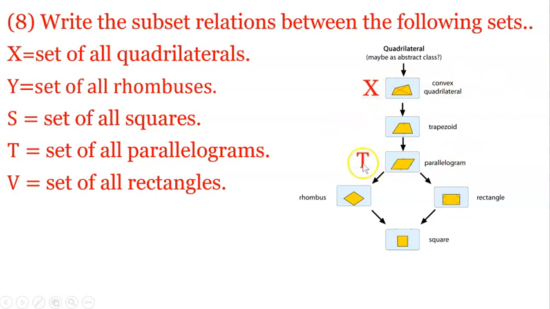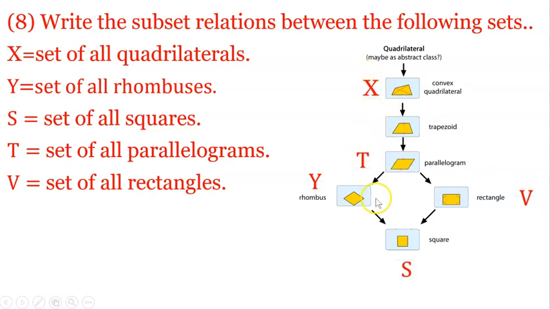Next, parallelogram is denoted by T. Rhombus is Y, that is, we have denoted them according to the symbols given here. Rectangle is V and square is S. Okay, now here S is a subset of Y. S is a subset of V, S is a subset of T, S is a subset of X. Next, Y is a subset of T, V is a subset of T, and the next, Y is a subset of X, Y is a subset of V, and lastly T is a subset of X.